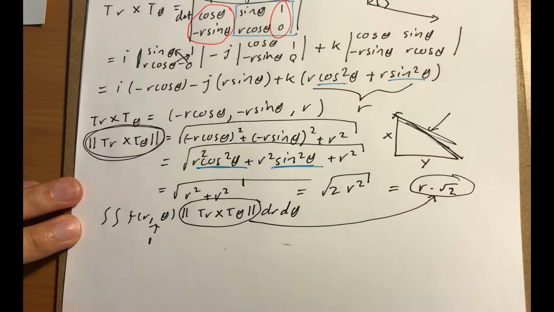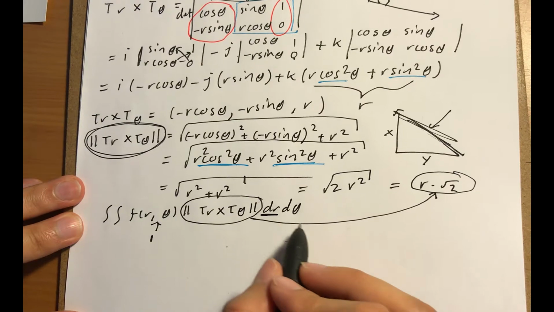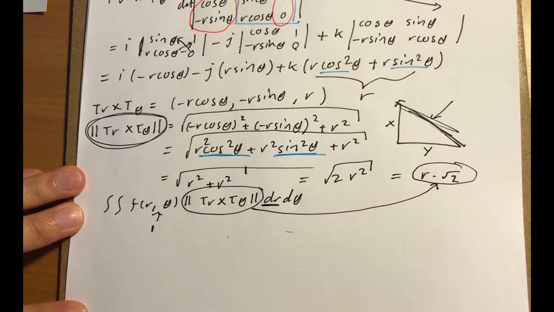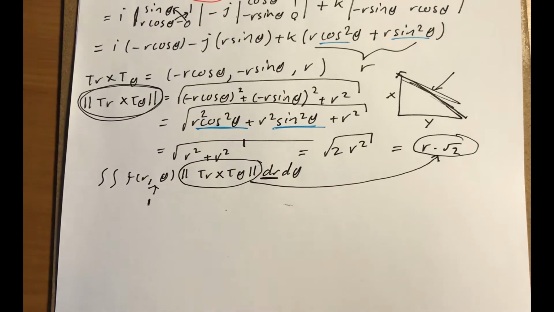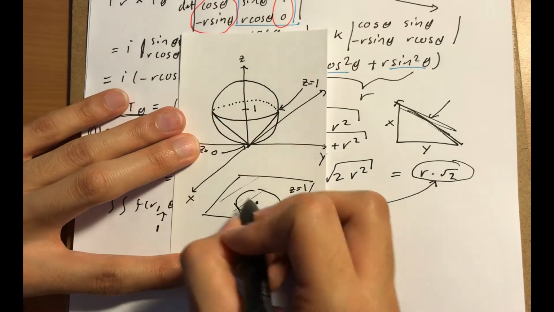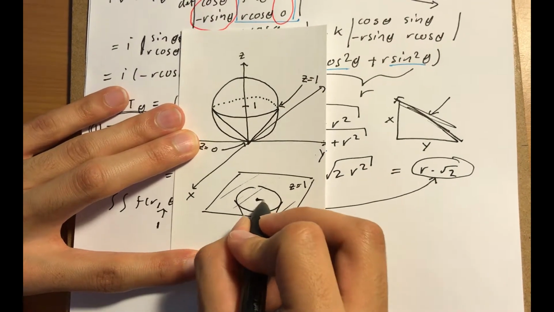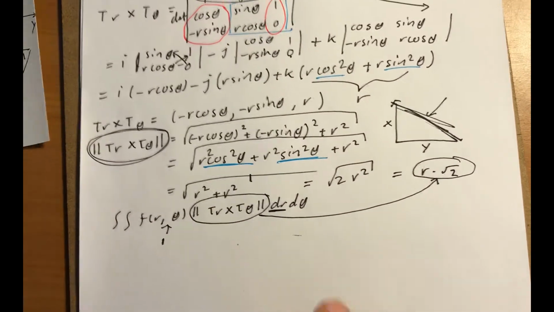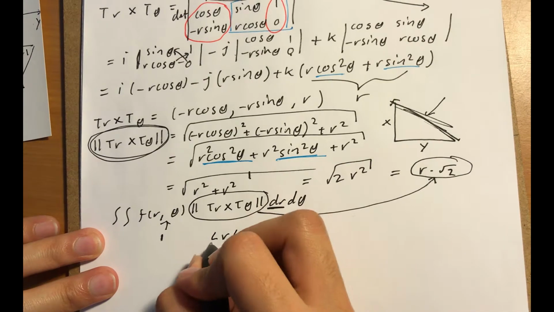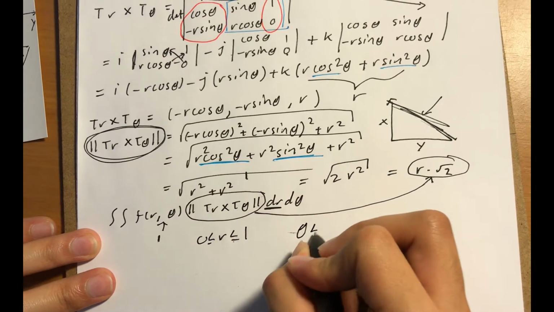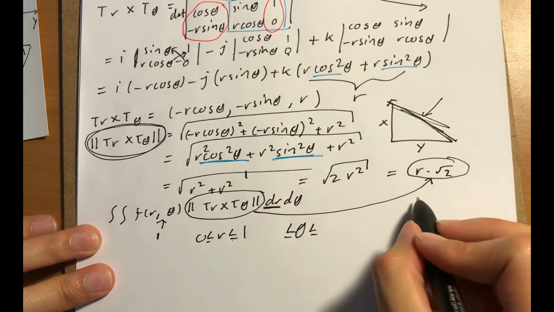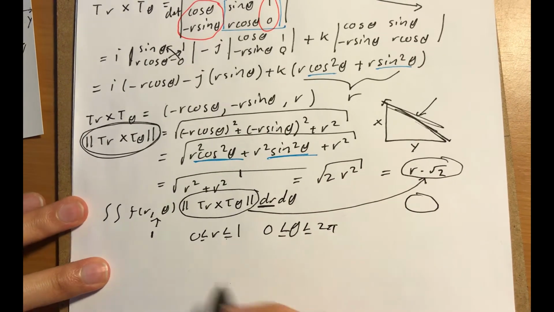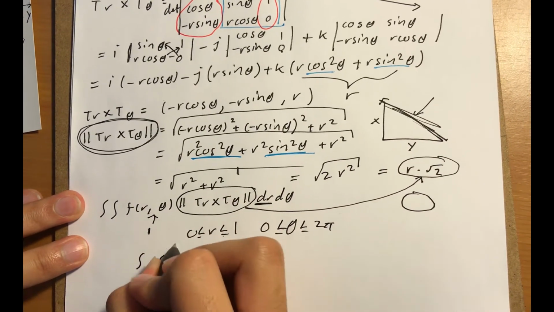Alright, and then we want to know our domains of r and theta. As we can see from the cone, the center is 0, and it only goes out to 1. So r's domain is from 0 to 1. For theta, remember, the top of the cone does a full circle, so that's from 0 to 2 pi. We fill in the domains.